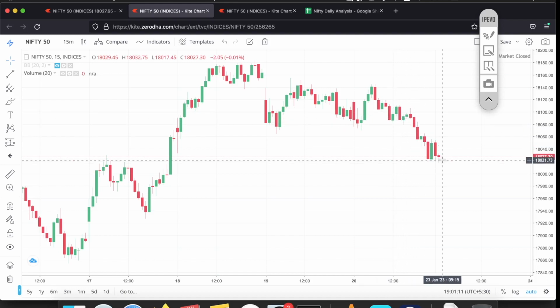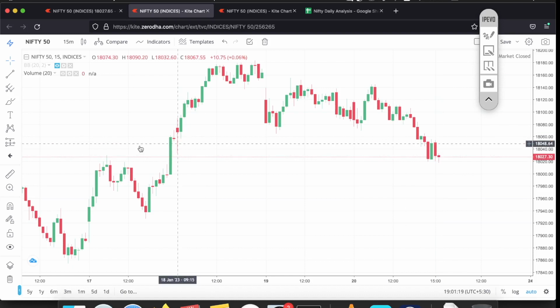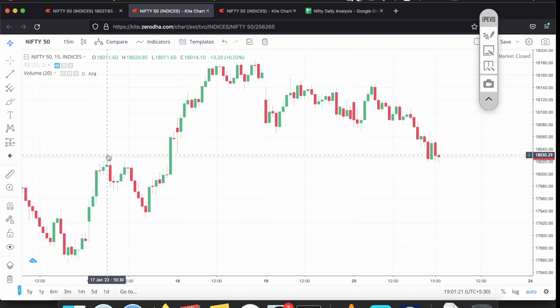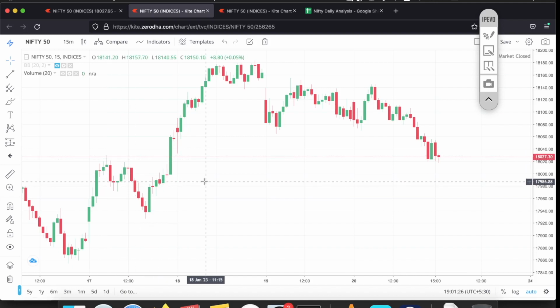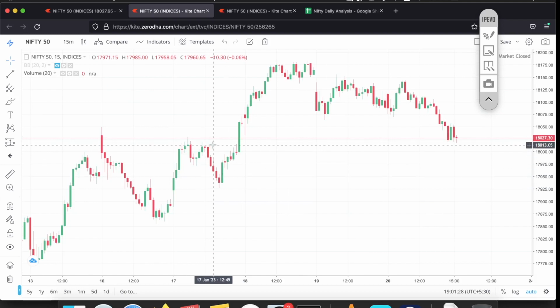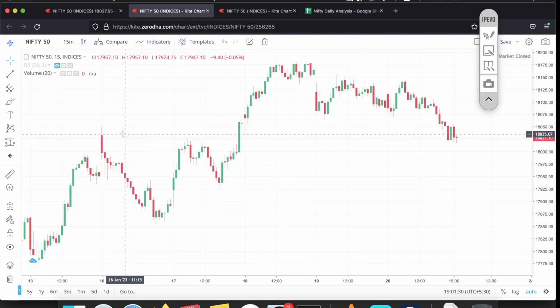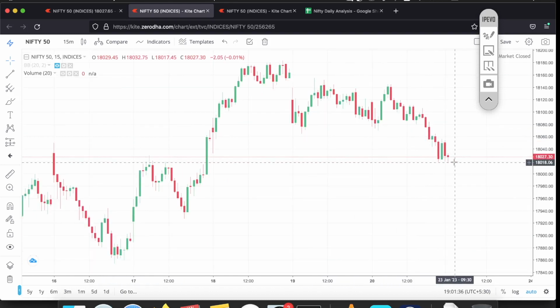Nifty found support at the 18,025, 18,021 kind of level. This was also a support on 17th Jan, and it was an opening level on 16th Jan. So it makes sense that price found support here today.